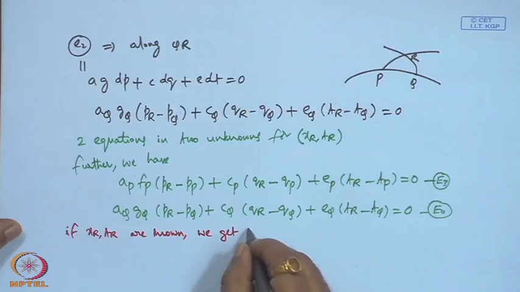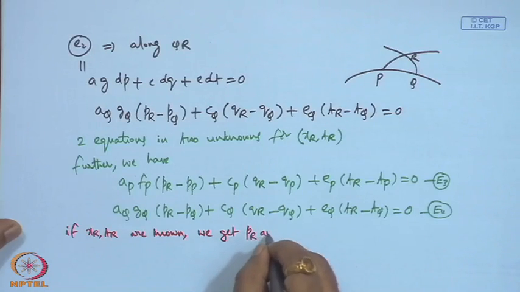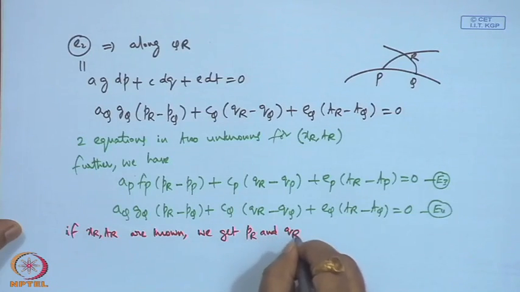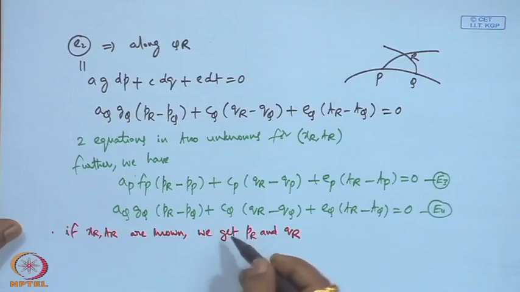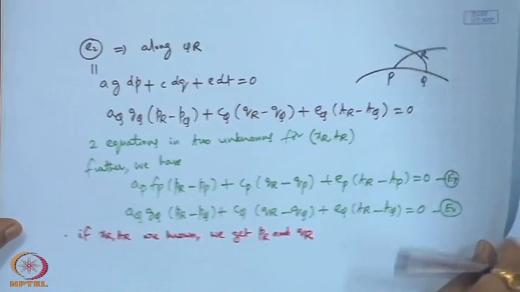We get P r and Q r using E 3 and E 4. Okay. And hence, U can be obtained at R.